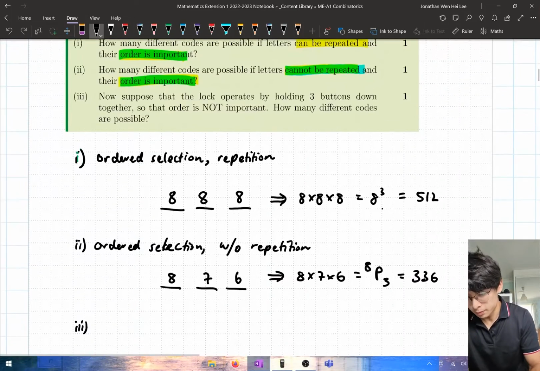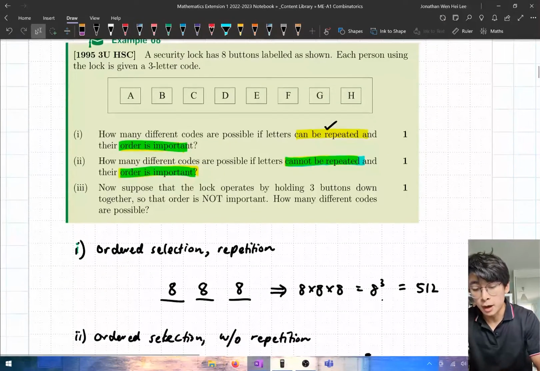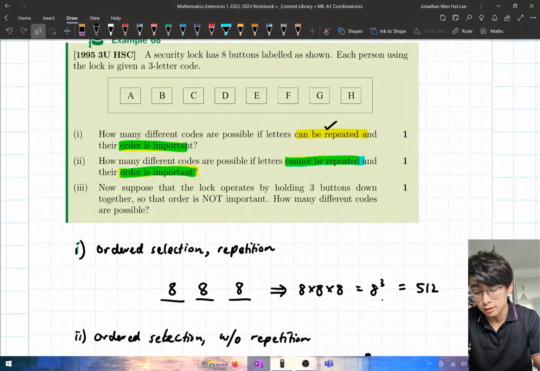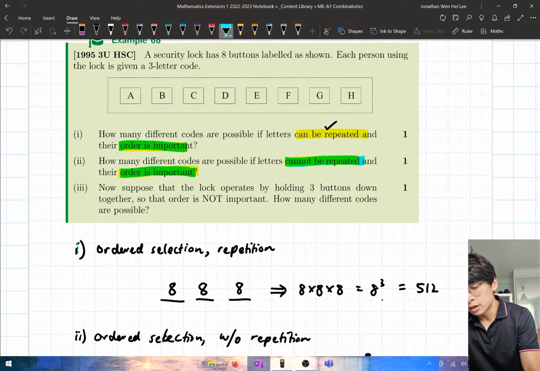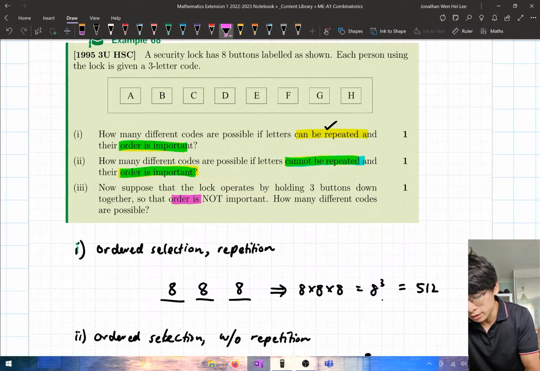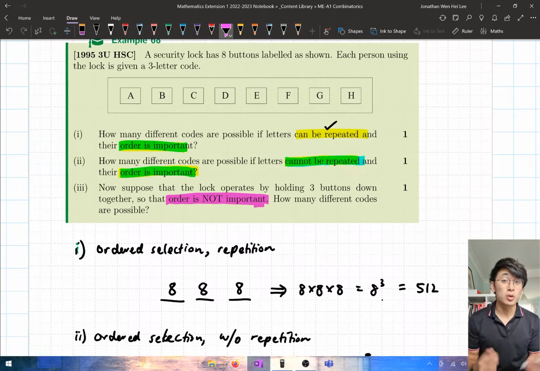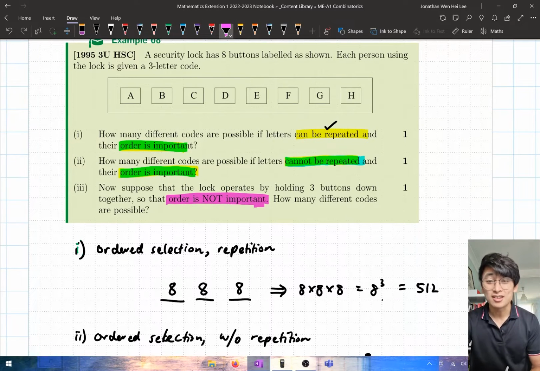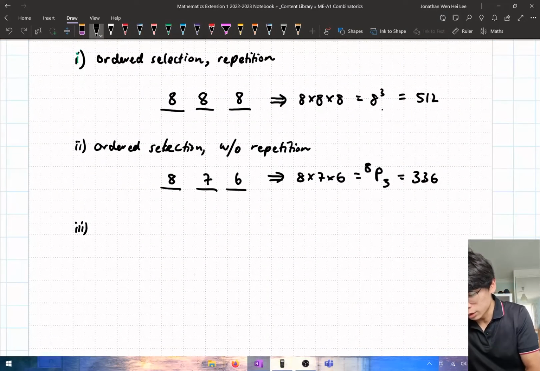Now suppose that the lock operates by holding down 3 buttons together, so that the order is not important. This is where this one is different from the previous 2. Notice in the previous 2, the order mattered. ABC was different to CBA. In this last case, the order is not important, and this is where combinations come in. So here, it's an unordered selection.